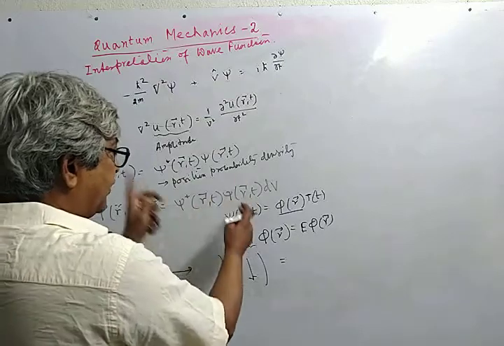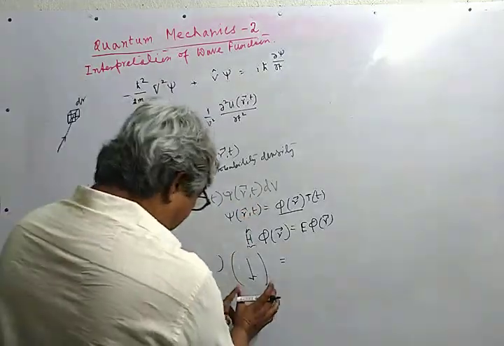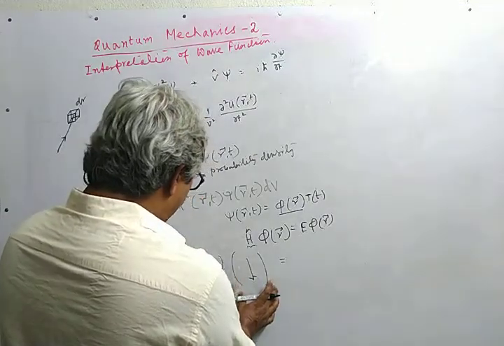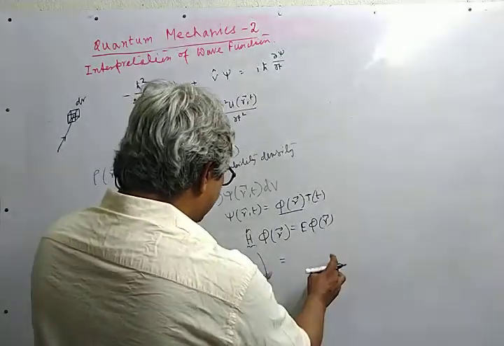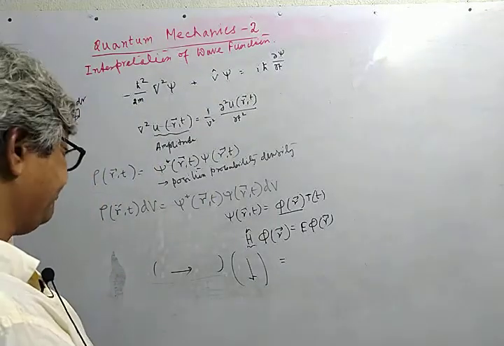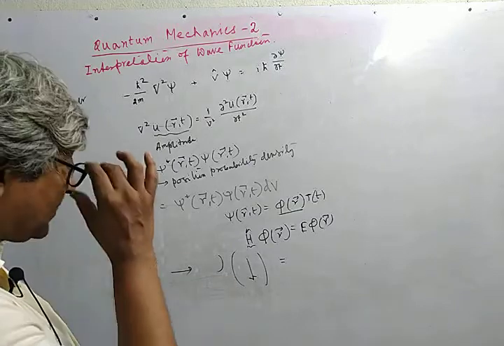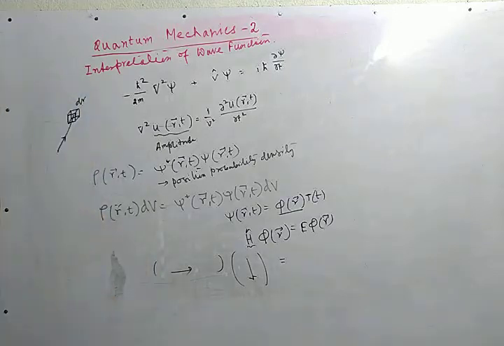If one writes it in reverse order, then it will be a column vector on the left multiplied by a row vector on the right, and the result will be a square matrix, which represents another operator. We shall come across such operators afterwards.